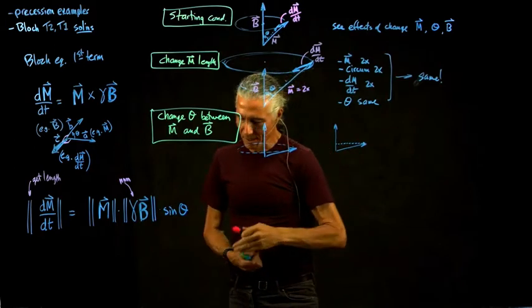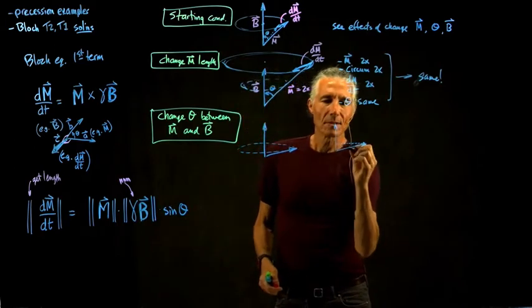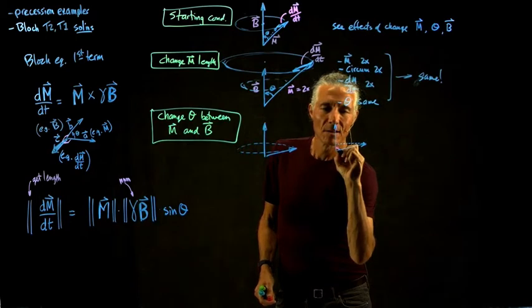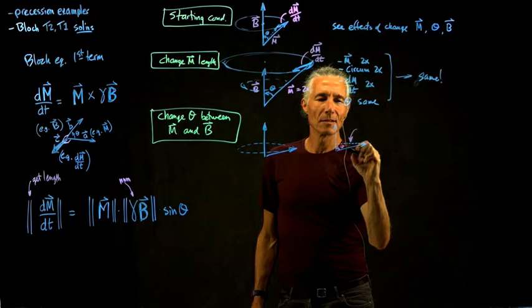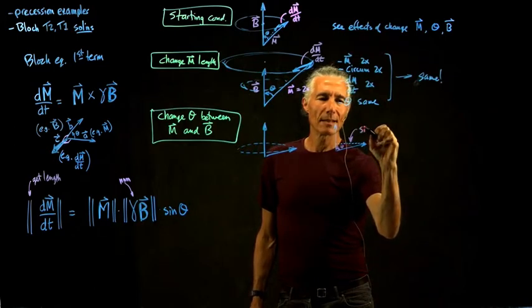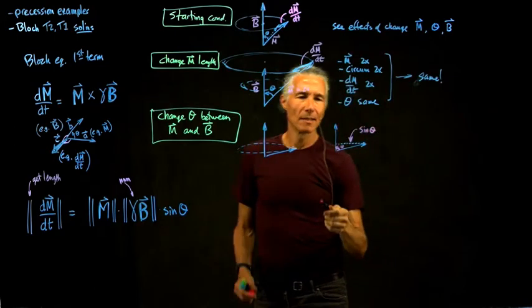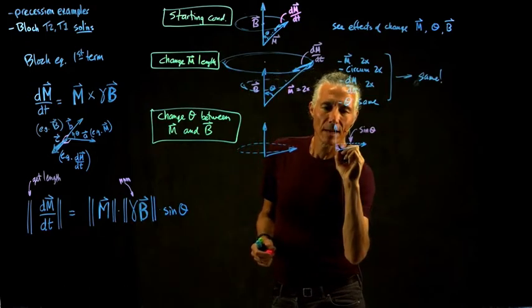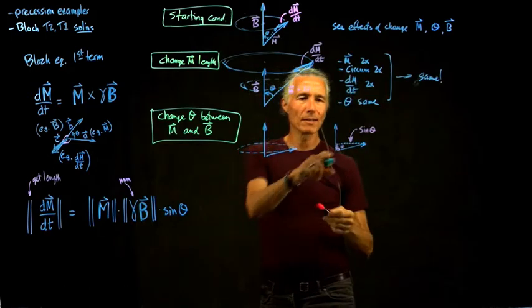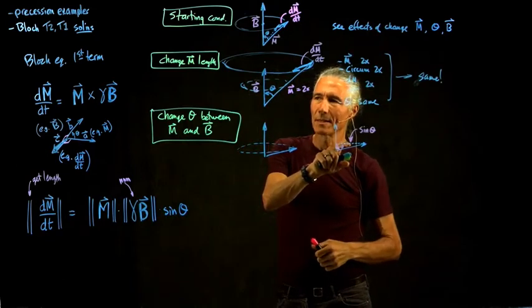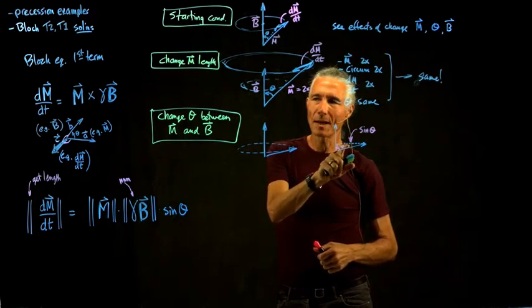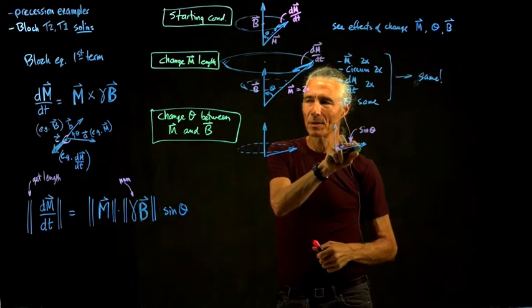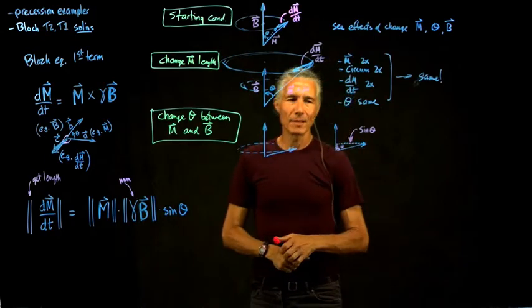If this is the angle right there, this radius is just going to be the sine of the angle, because you've got a right angle there. It's a right triangle, and that's the opposite as opposed to the adjacent. So the opposite side of the triangle is proportional to the sine of the angle.